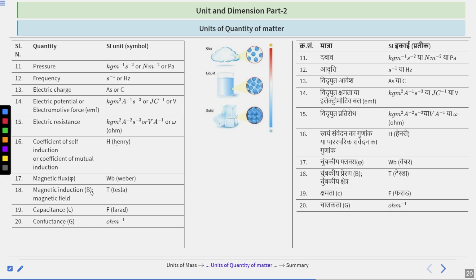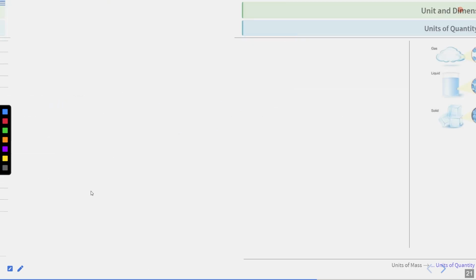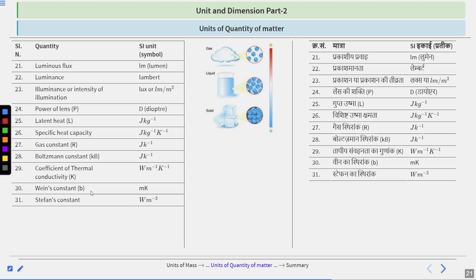Conductance, ohm minus 1. Luminous flux, Lumen. Luminance, Lambert. Illuminance or intensity of illumination, lux or lumen per meter square. Similarly, power of lens, diopter, latent heat, specific heat, gas constant, Boltzmann constant, coefficient of thermal conductivity, Wien's constant and Stefan's constant.